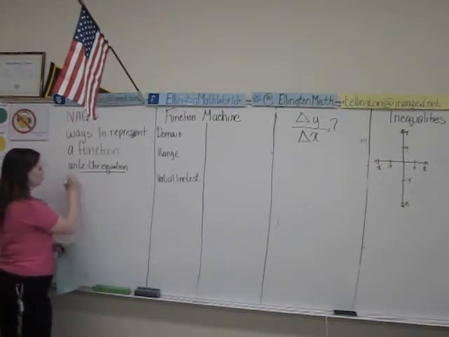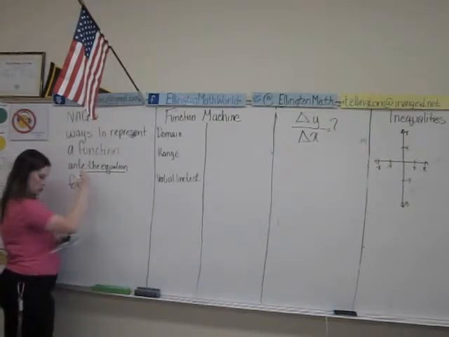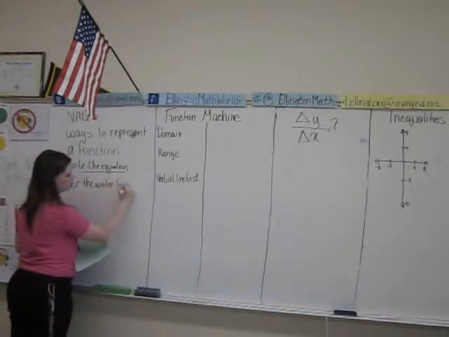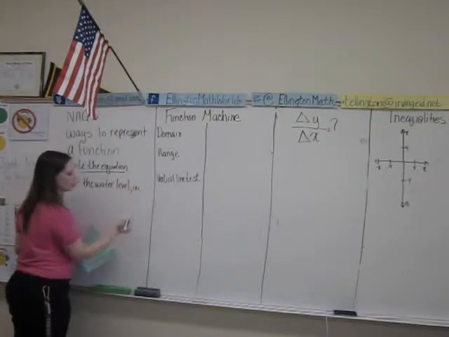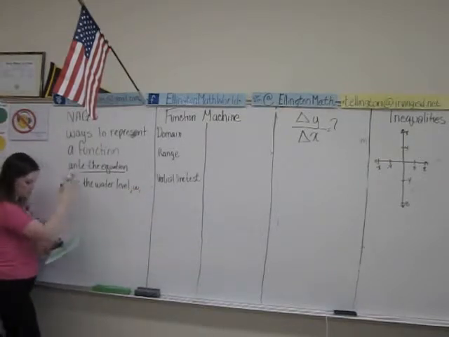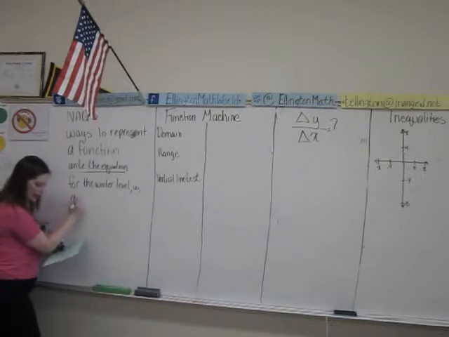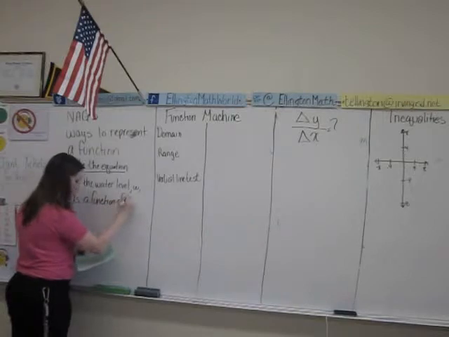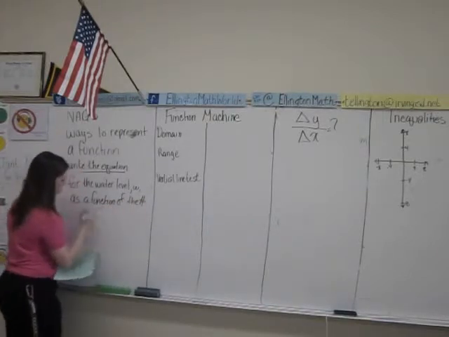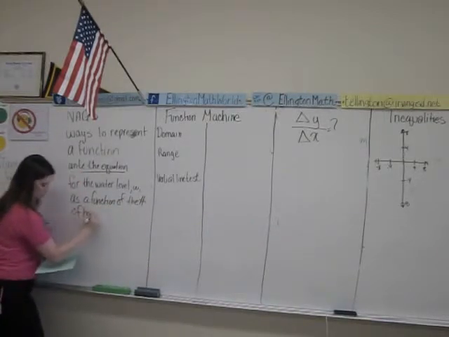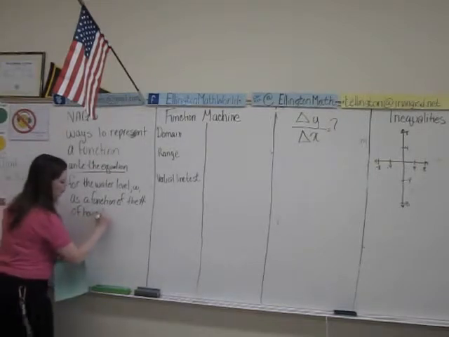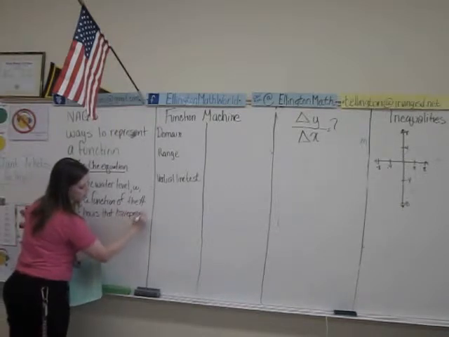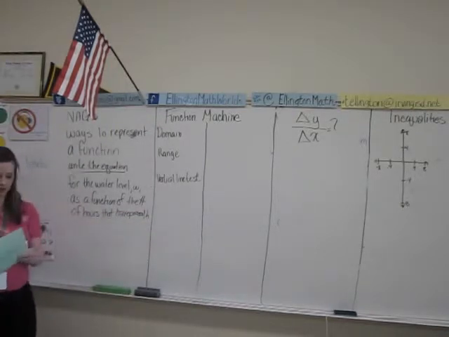Write the equation for the water level, comma W, as a function of the number of hours that have passed, H. Okay?